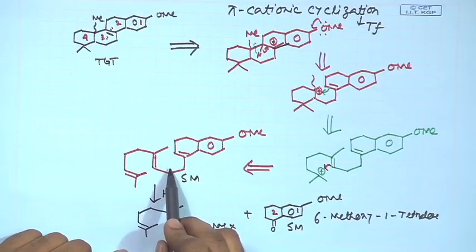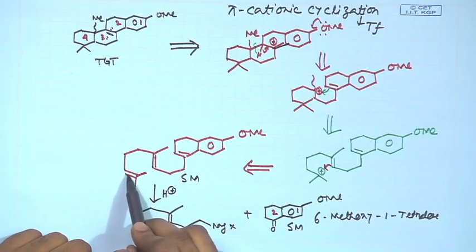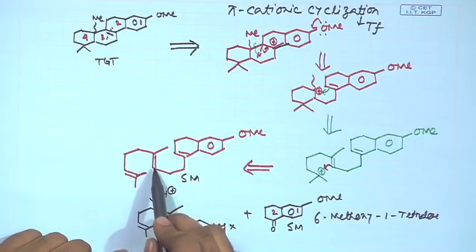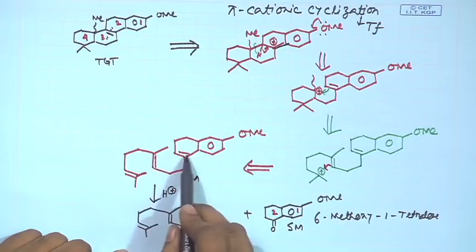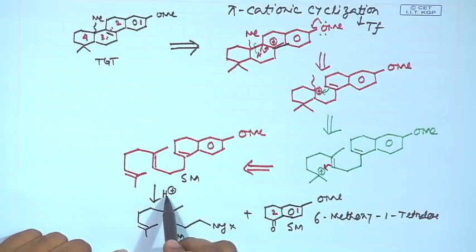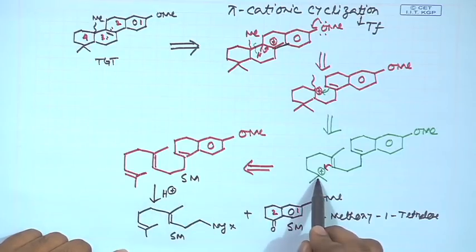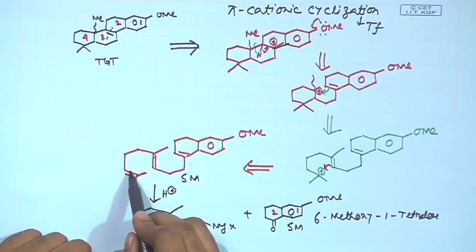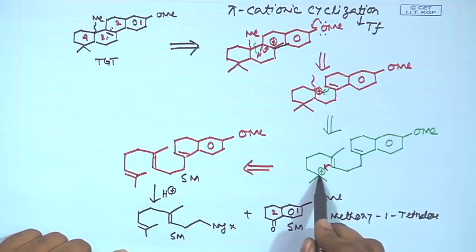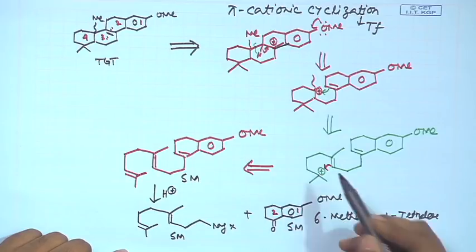Now, you have 3 pi bonds. You subject this to a mineral acid, and initially you get this 3 degree carbocation. This is a very stabilized tertiary carbocation, as all of us know.